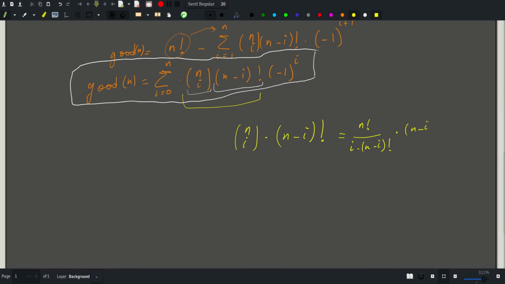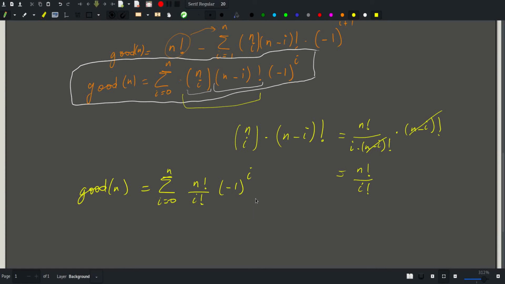So the n minus i factorial can cancel, and this becomes simply equal to n factorial divided by i factorial. So we can simplify our formula for good of n even further. So this becomes equal to sigma from i equals 0 up to n of n factorial over i factorial times negative 1 raised to the i.